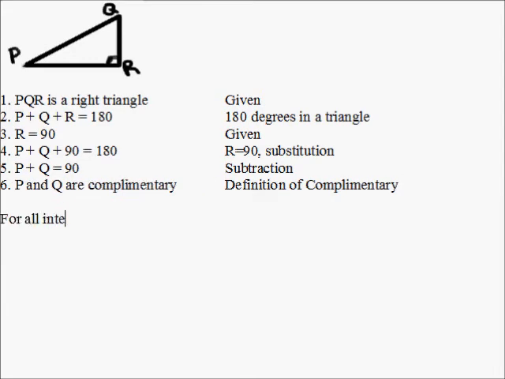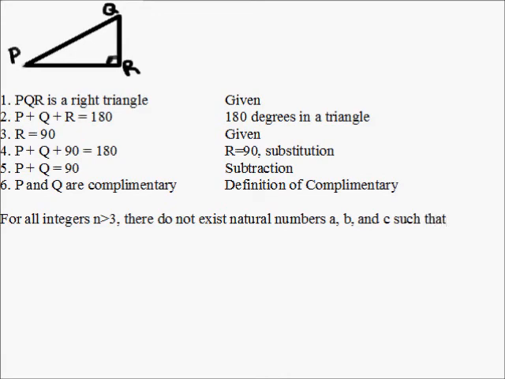For all integers n greater than 3, there do not exist integers or natural numbers a, b, and c such that that is true.